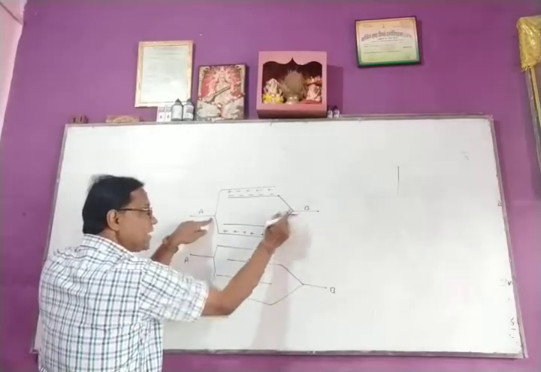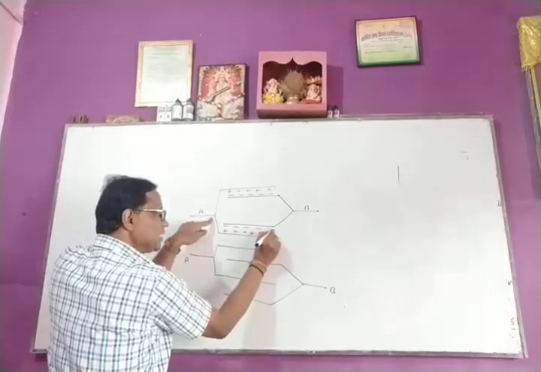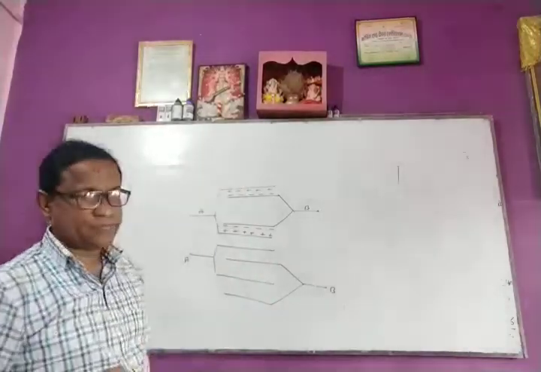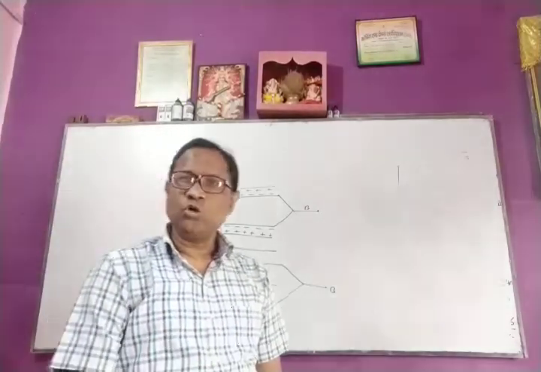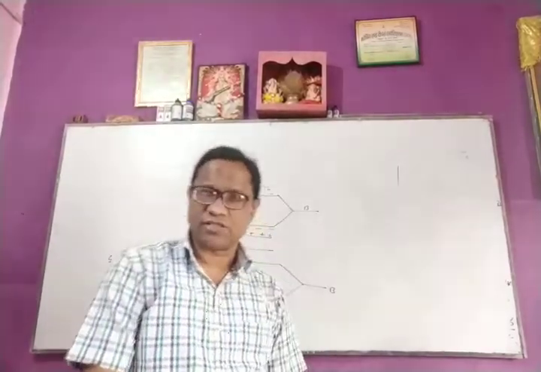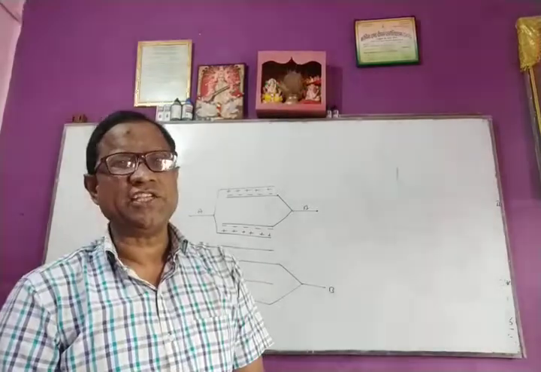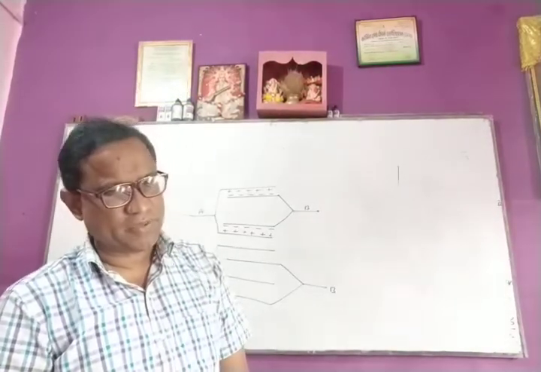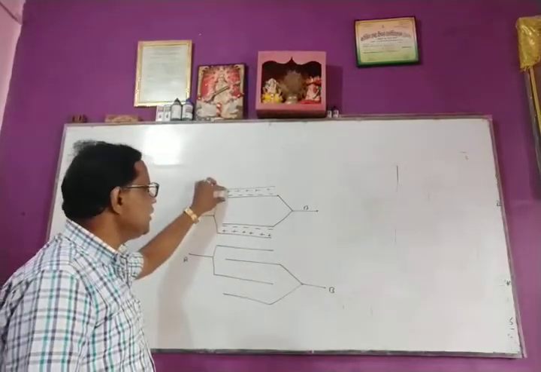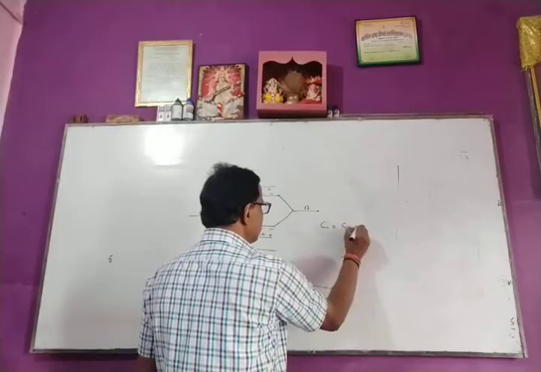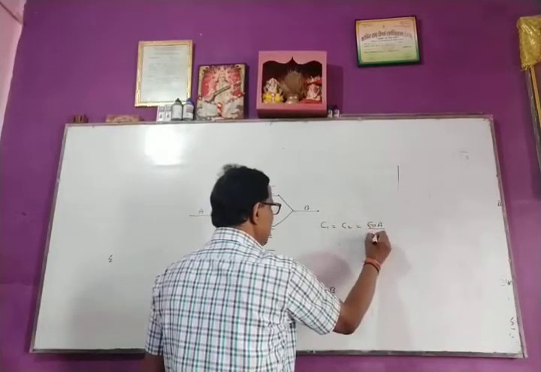Due to negative terminal, so minus minus minus. So in this figure, 2 capacitors exist, C1 and C2. If area of this plate is A and separation between this plate is D, then we can write C1 is equal to C2 is equal to epsilon naught A by D.